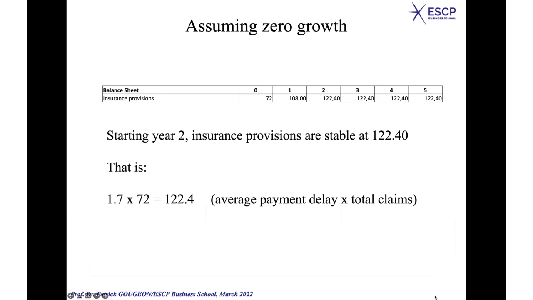So that's why in liability insurance you have a very long delay, and that may indeed generate a certain amount of funds as insurance provisions because of this delay. But as I'll show later on, long delays in liability insurance are not always welcome for insurers. That's another point we are going to see for other reasons.